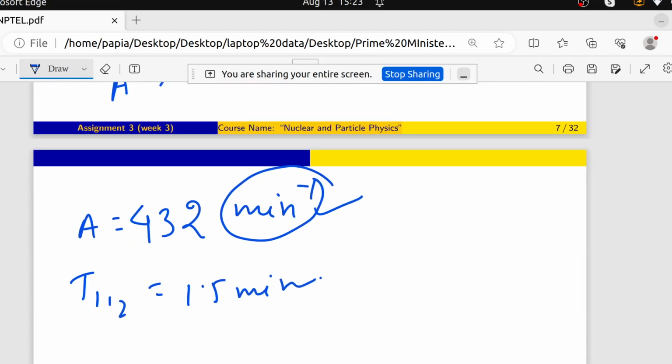Then what will be the lambda? Lambda is 0.693 divided by 1.5. It will be in minute inverse, right? Whatever the answer of lambda will be, it will be in minute inverse, because I am putting t half as 1.5 minute. So if I just calculate that one, let me calculate.